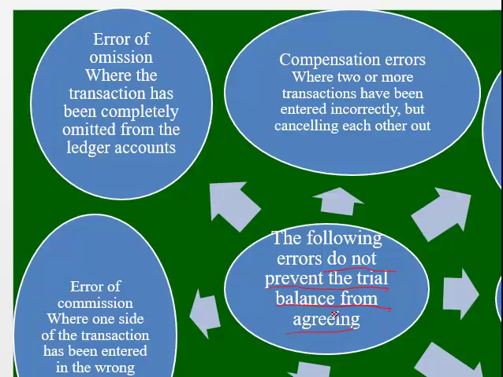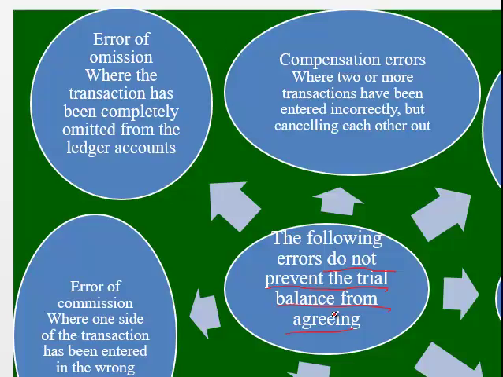If I commit any of these errors while posting into the ledger and extracting figures from the ledger to the trial balance, the trial balance will still remain as if nothing has happened.